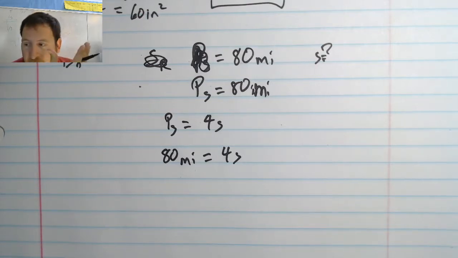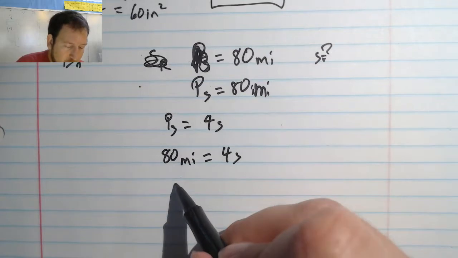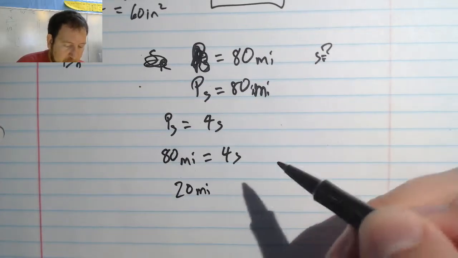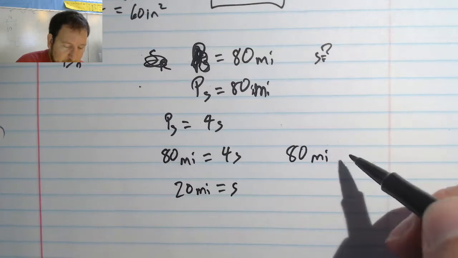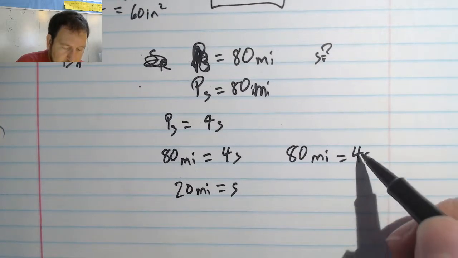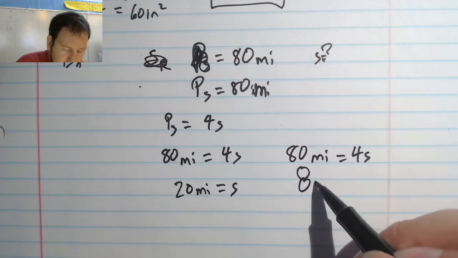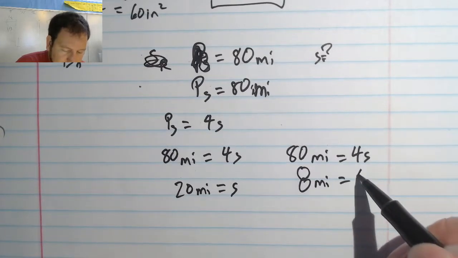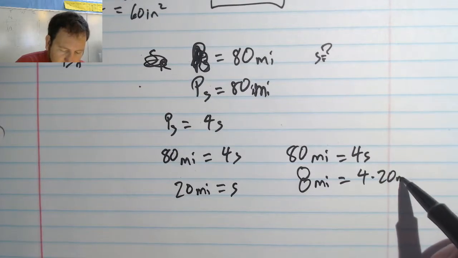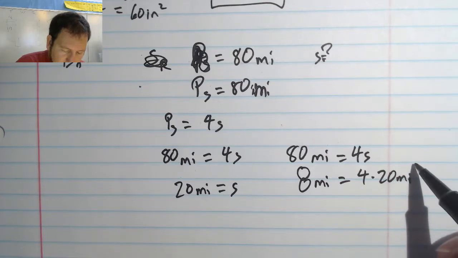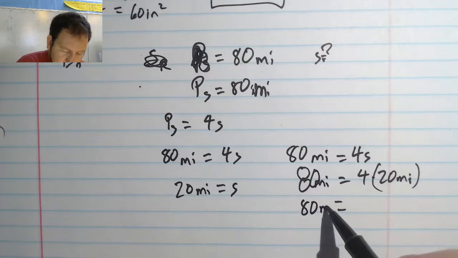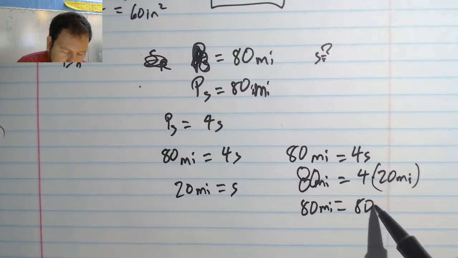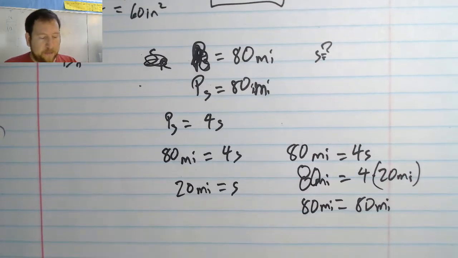What times 4 is 80 is 20 miles equals s. And I can substitute that back in to check. Equals 80 miles. I'm good to go.